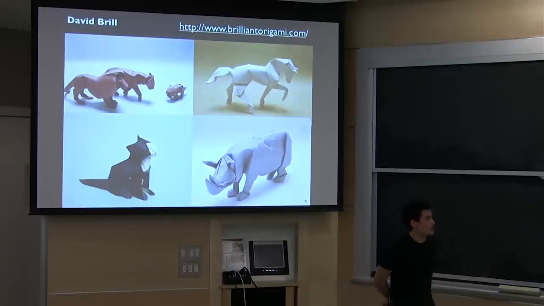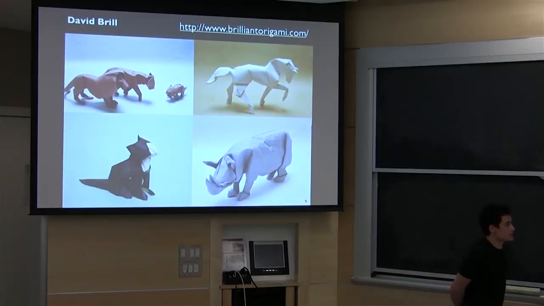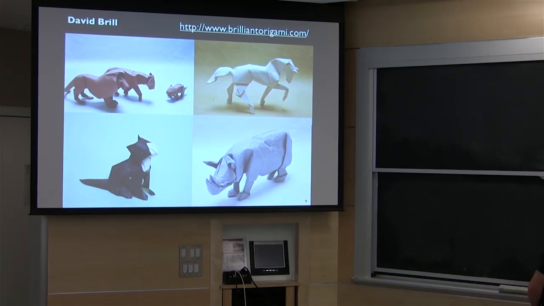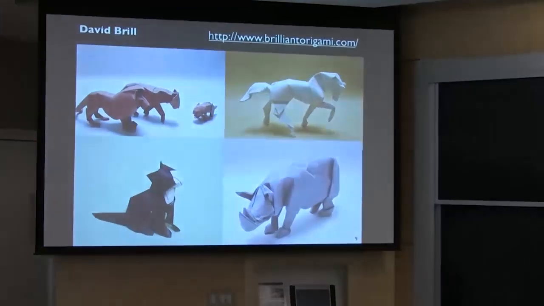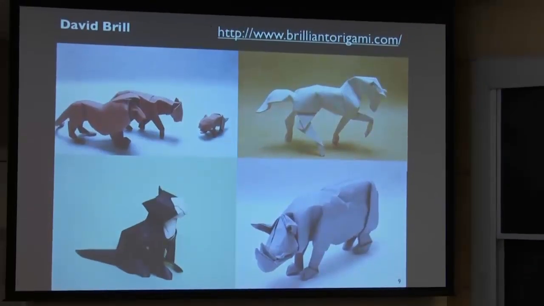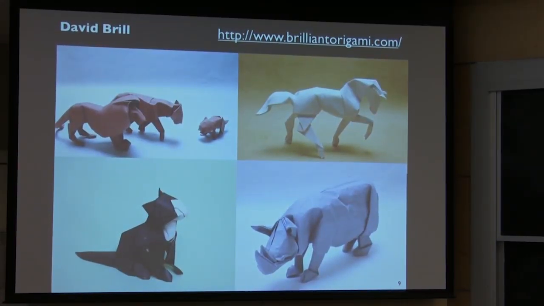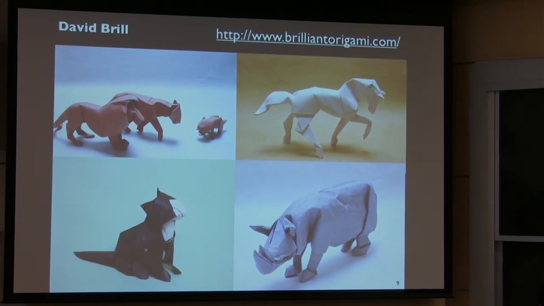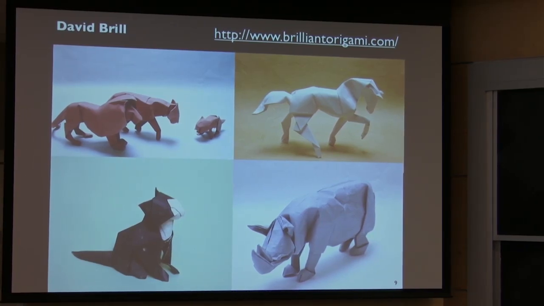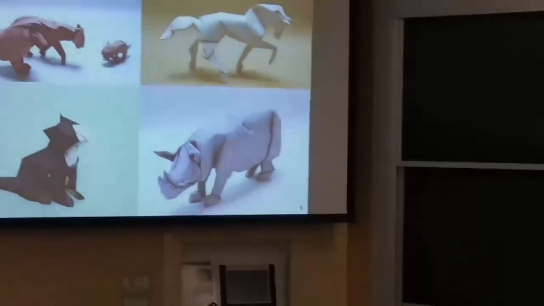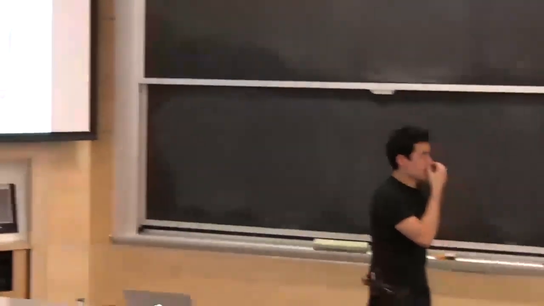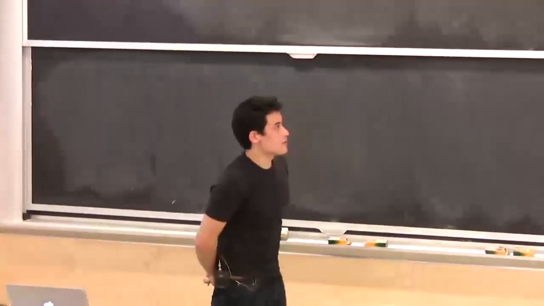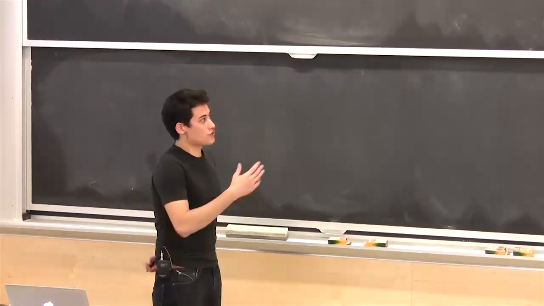Here's an example of an English folder named David Brill, who is an investment banker, if my memory serves me. He now lives on a golf course, and I think he's retired now, but he likes to fold paper. But you can see here a good example of this style, thick paper.